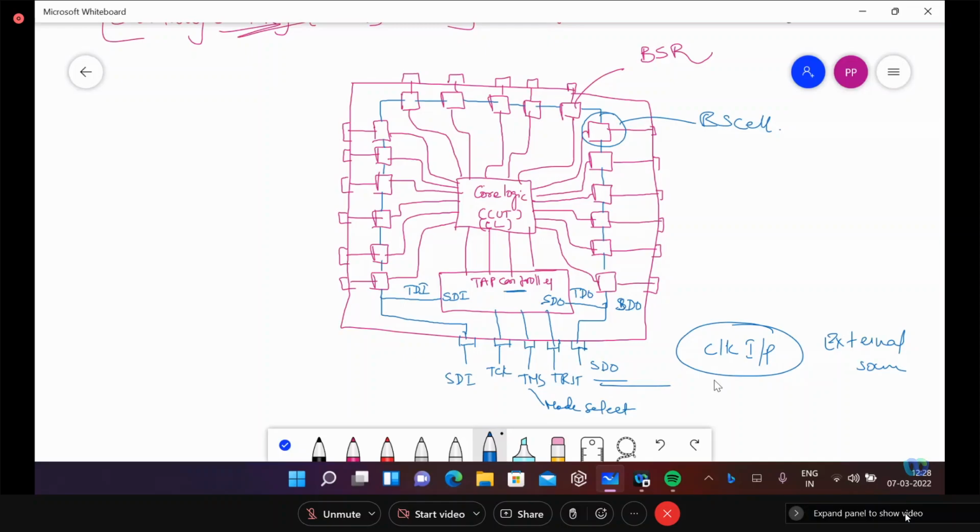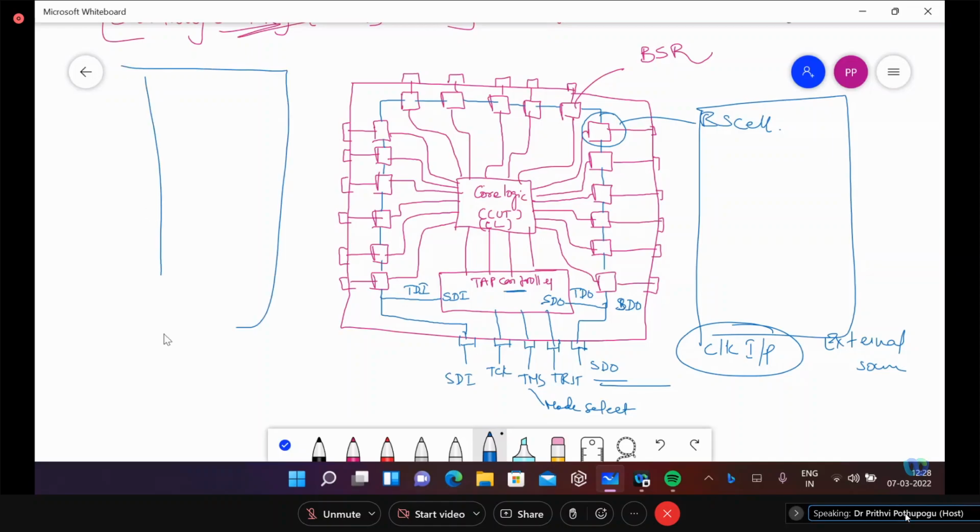Okay. So if you repeat this for n number of times, now you are going to test many number of ICs. Now this tap controller comes out.